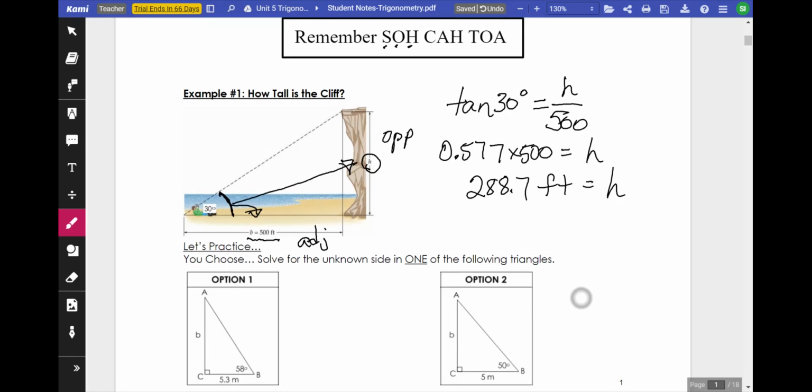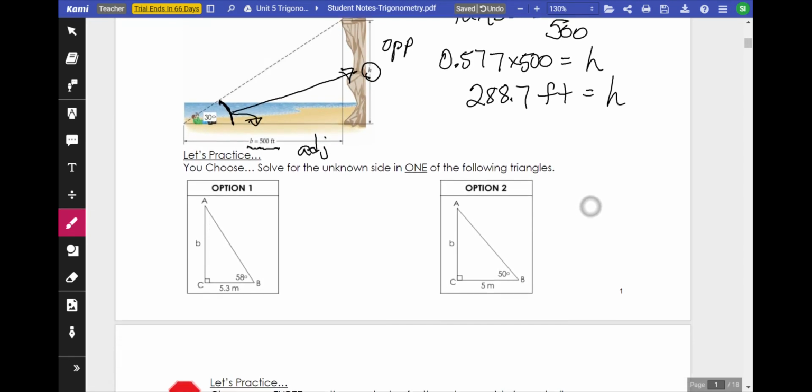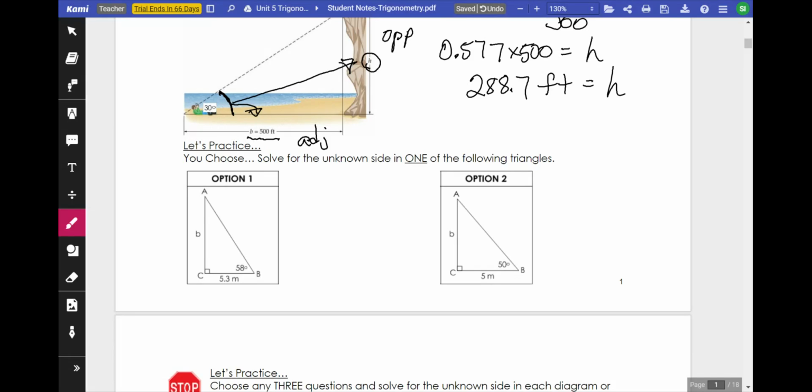Let's try one more. In the Let's Practice, it says you choose, solve for the unknown side in one of the following triangles. Well, I'll do option 1 and you can do option 2 on your phone. So again, from the angle that we're given, 58 degrees, we are trying to find the opposite side, and we are given the adjacent side. So this is another tangent question.